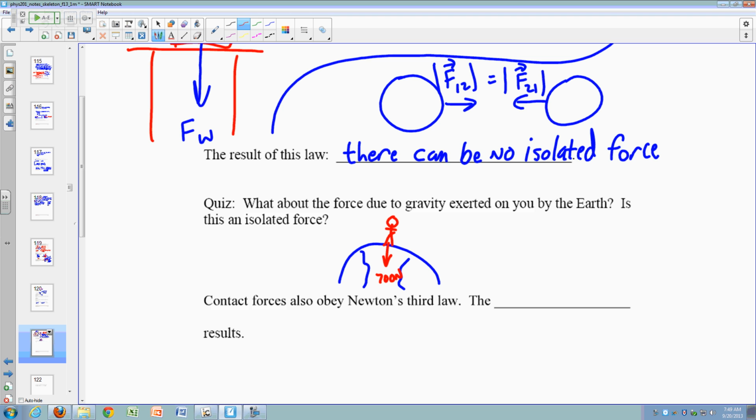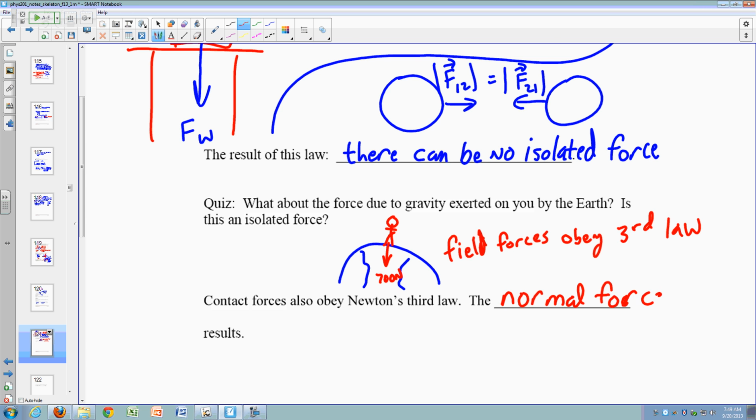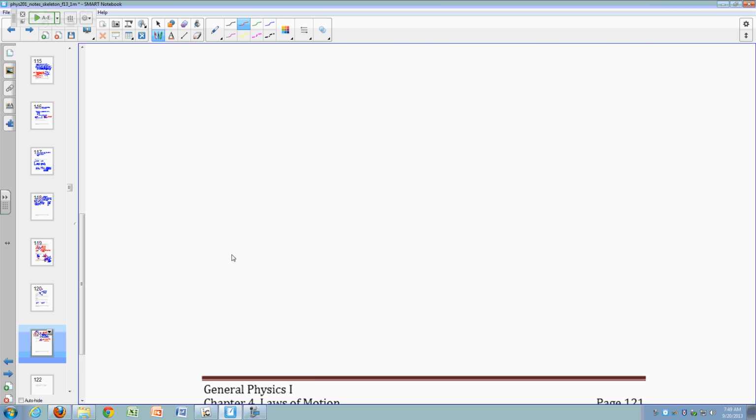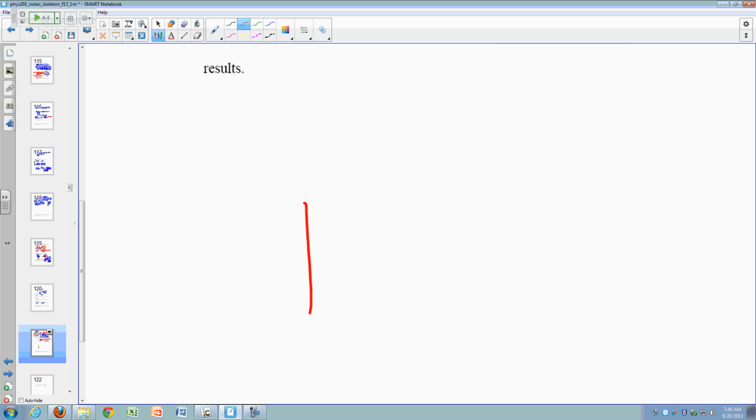Now, field forces obey Newton's third law, but contact forces also obey Newton's third law, and the result of this is the normal force. I've already drawn a picture of this, let me draw it again.